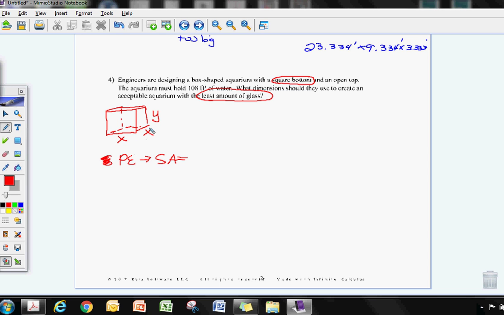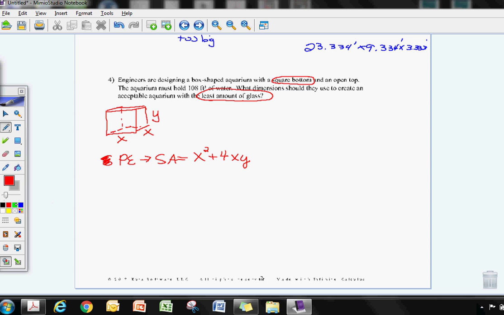So the bottom of the box is a square. X times X is X squared. That takes care of the bottom. Each of the sides is an X times a Y. So how many of those panes do I have? Count them out. 1, 2, 3, 4. 4 X times Y. And that is how I came up with my surface area.